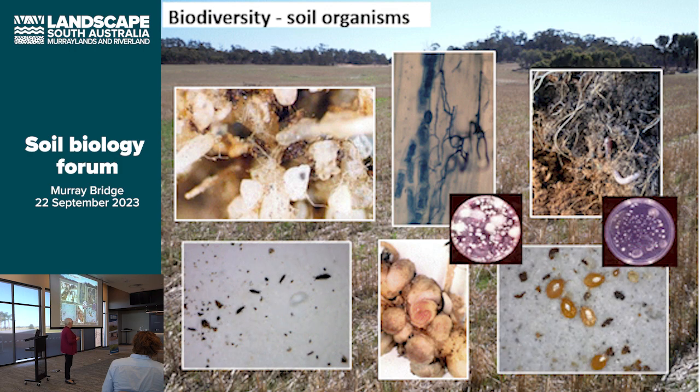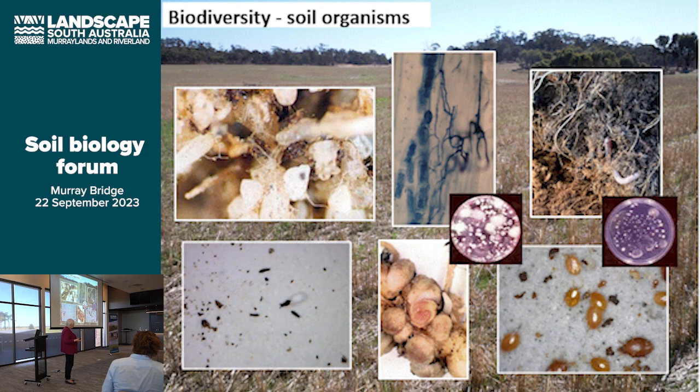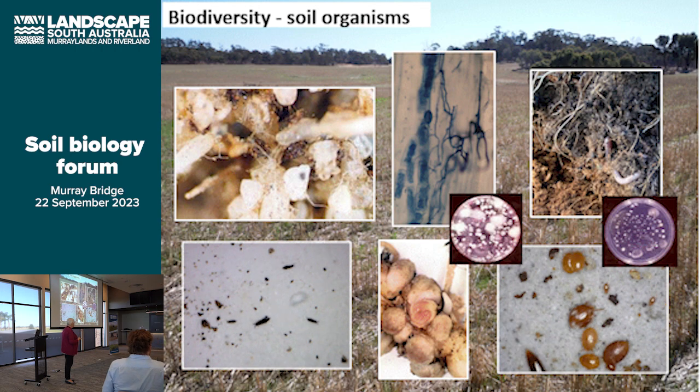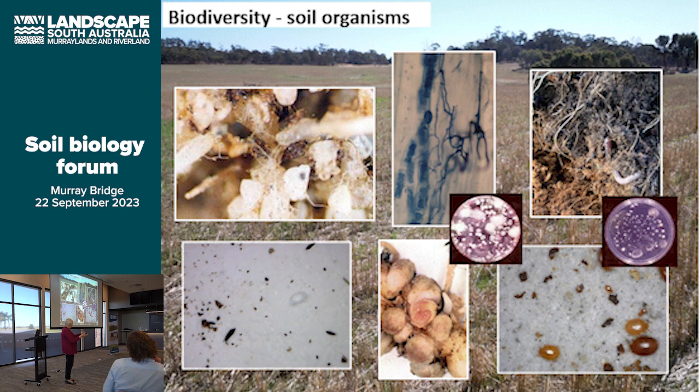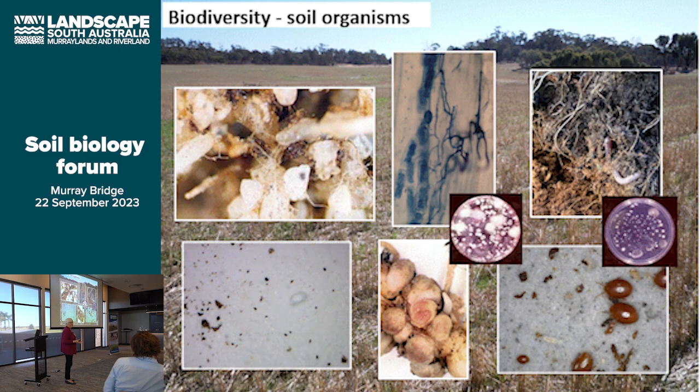Oh, very good, yeah. Well, I'm thinking more of using the spade just to see how your soil's going, because actually along a fence line, it might be quite different to in the middle of the paddock. So just putting a spade into the soil can tell you a lot about the soil and about the biology.